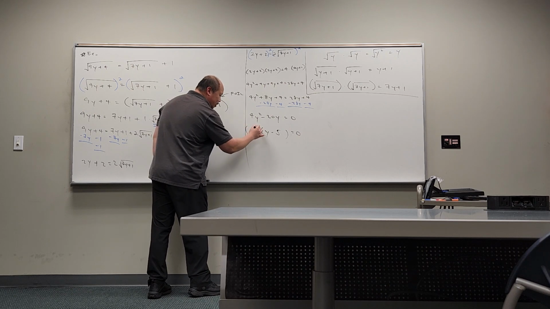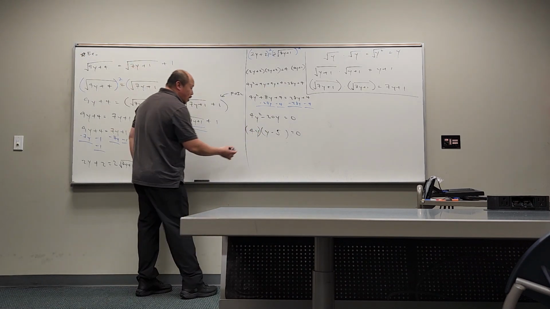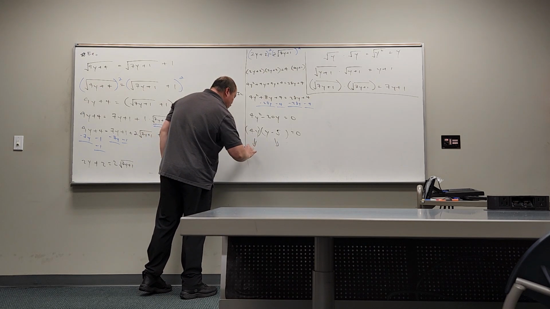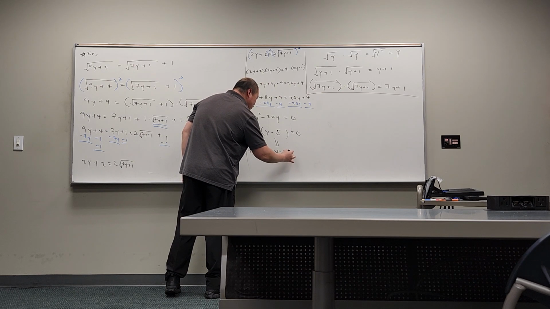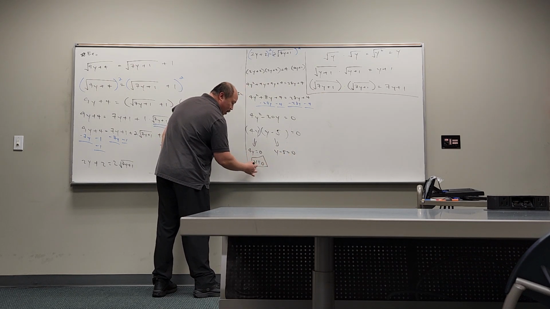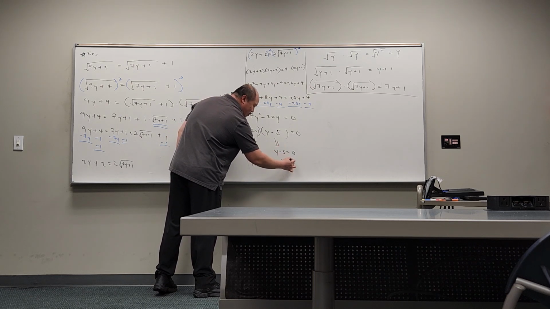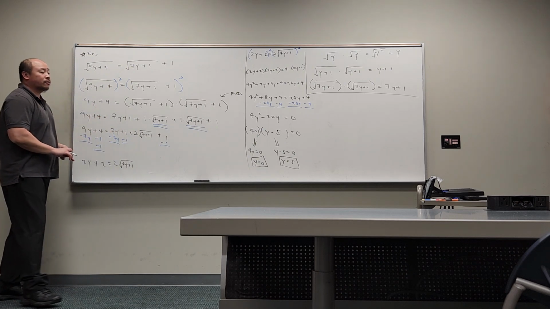So you basically get these 2 things. And then you set both equal to 0, right? 4y equals 0, y minus 5 equals 0. You can divide by 4, that's y equals 0. And then plus 5, that's 5. So you have 2 answers, 0 and 5.